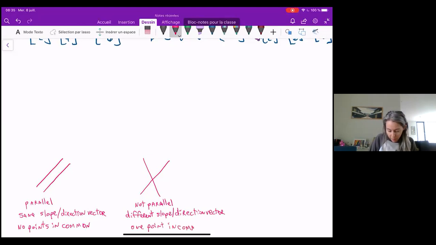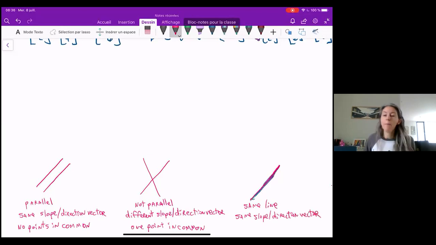So the third possibility when we have two lines, our infinite solutions, would be if those two lines are the same line, and it's really hard to draw two of the same line. If they're the same line, then of course they have the same slope, which means they have the same direction, and they have all of the points in common.